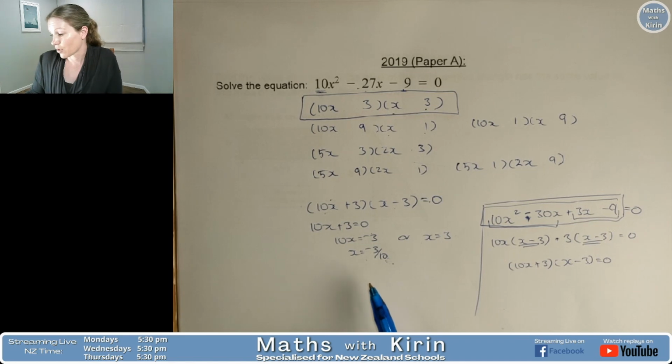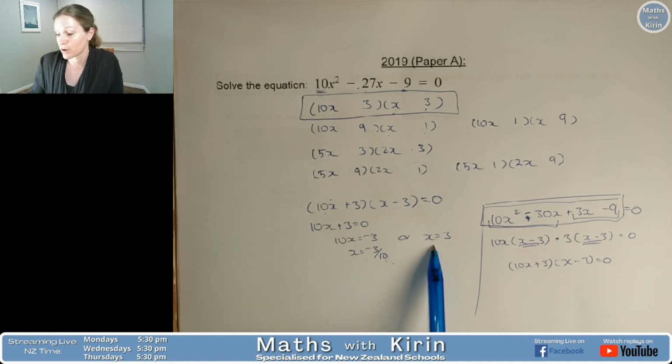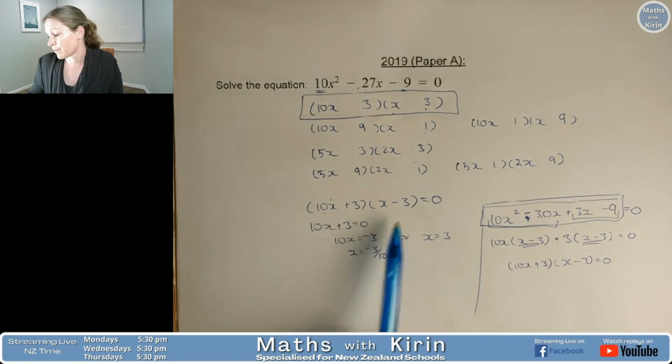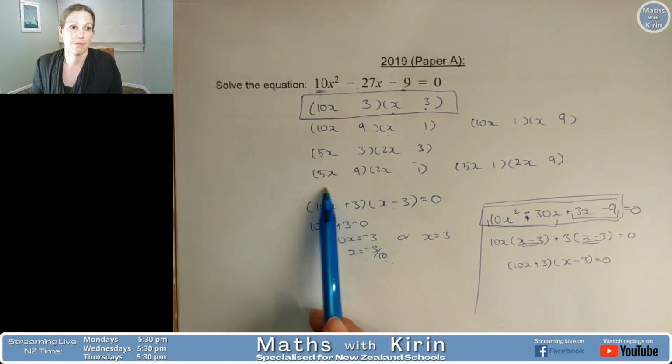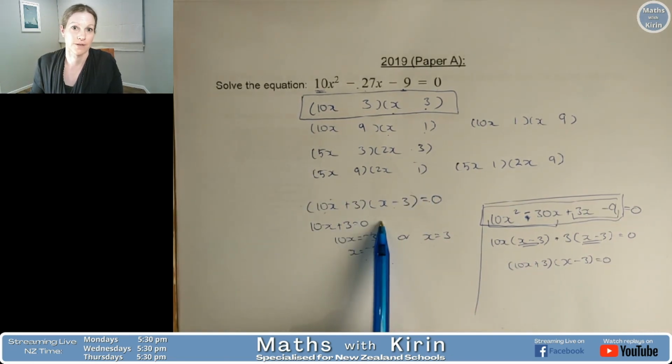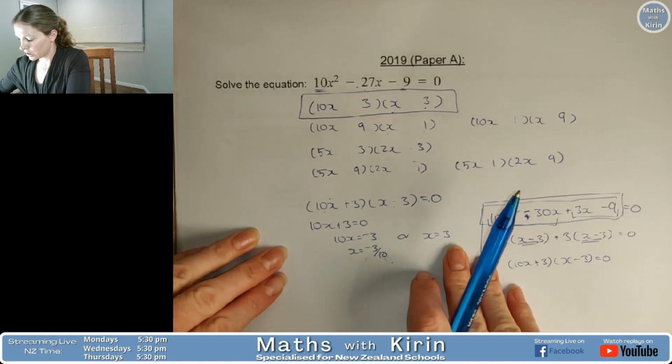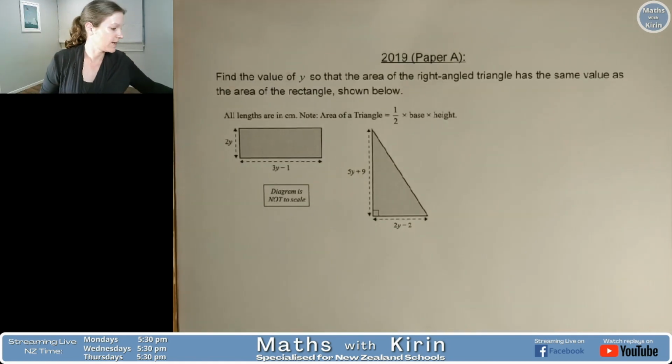So quite often you will need to get your solutions correct for merit. I'm pointing that out in this particular paper because this was quite a hard factorizing question. They were willing to give you that merit grade if you manage to actually factorize it correctly, even if the solving is not. Cool.